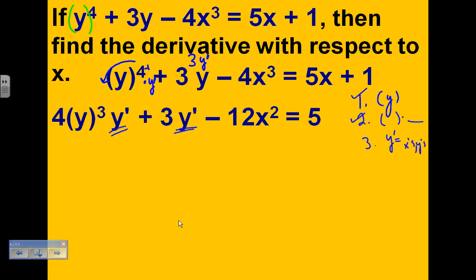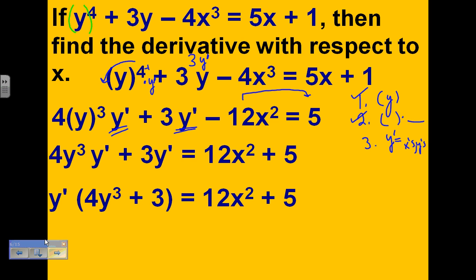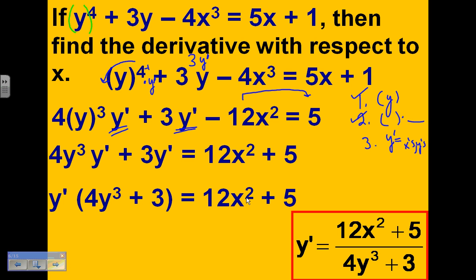You factor it out. So I'm going to take this to the other side, and I'm going to factor a y prime out. So I've got the 12x squared to the other side, factoring out a y prime, and now I divide, and you get y prime equals 12x squared plus 5, divided by 4y cubed plus 3.